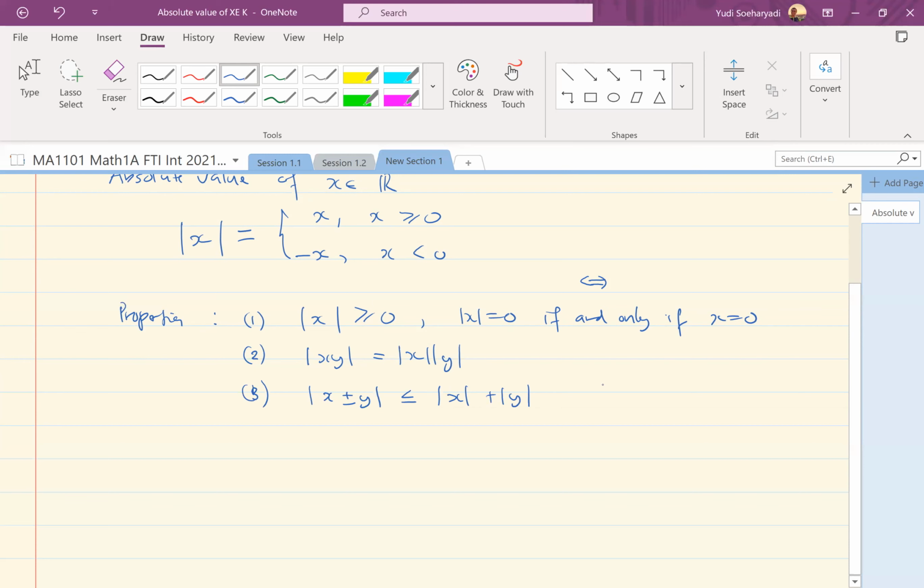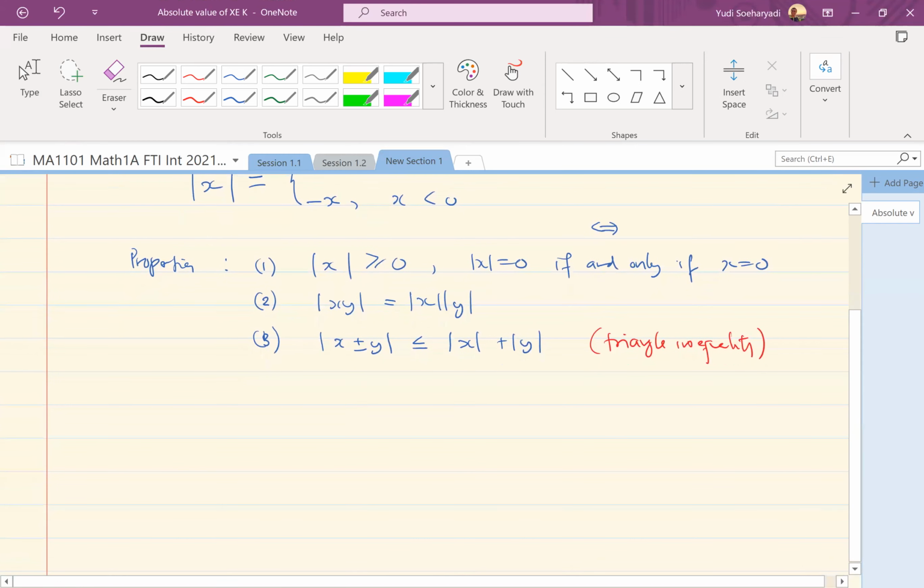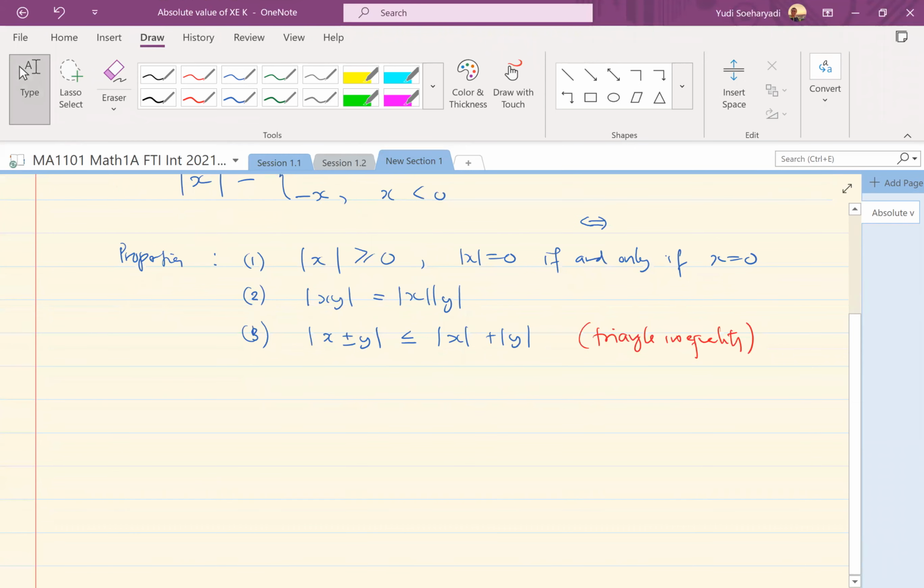This is what we call the triangle inequality.